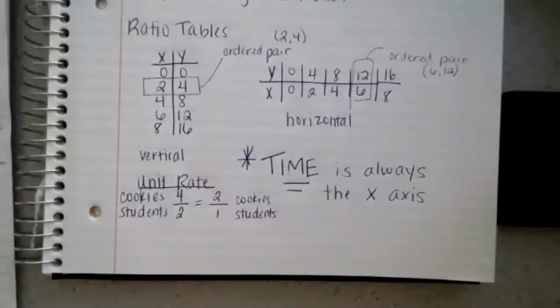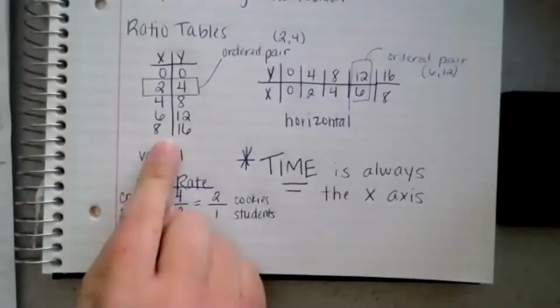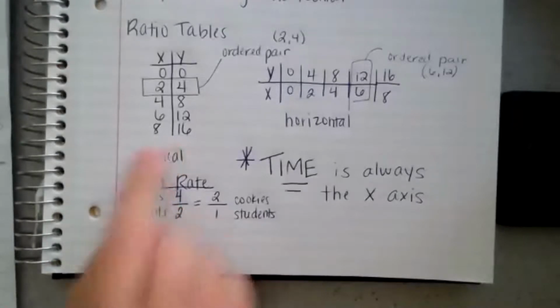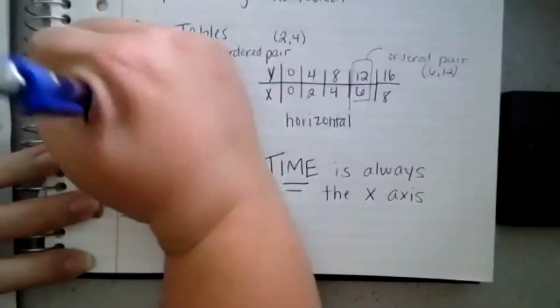If you remember, multiplicative means that each time you moved to a new spot in the ratio table, it was being multiplied or divided. Additive meant that it was being added or subtracted. So on this ratio table, what kind of relationship do we have? Multiplicative. Times 2. Multiplicative, good. So I'm going to go ahead and write that out there. Multiplicative.